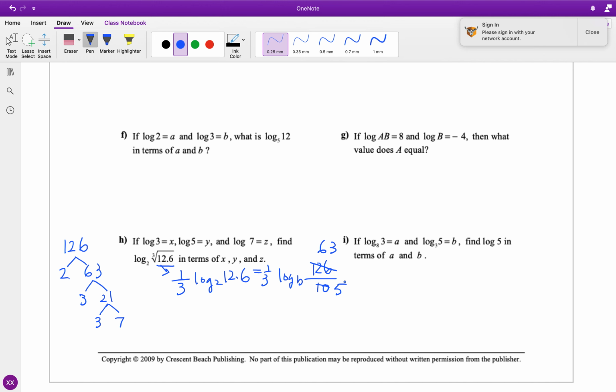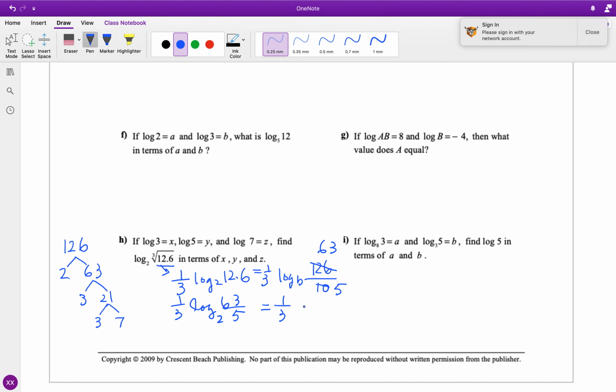So now this is log 63 over 5. However, don't forget, this is still log base 2, with a 1 over 3 at the beginning. Then I am going to change to base 10.